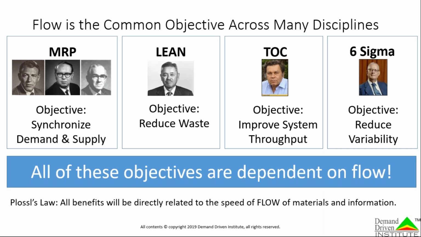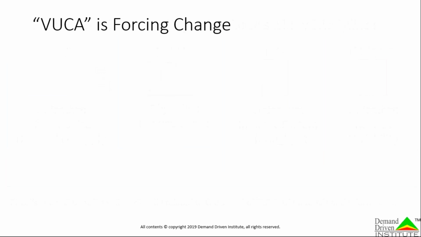And we even have a law that we call Plossl's law. What Plossl's law states is that all benefits are directly related to the speed of flow of materials and information. And remember, George Plossl was one of the founding fathers of MRP. MRP was all about flow. The problem is it never really achieved that due to some interesting things about the world. And by the way, those things are getting worse because now we're in what we call the VUCA world.